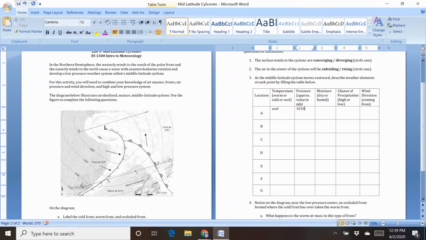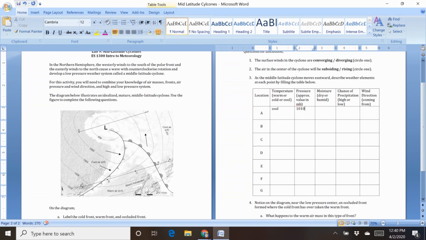And then we want to know if the air is dry or if it's moist. Well, let's take a look at the air mass. So here the A is near the cool air label, and we know it's on the cooler, drier side of the front.